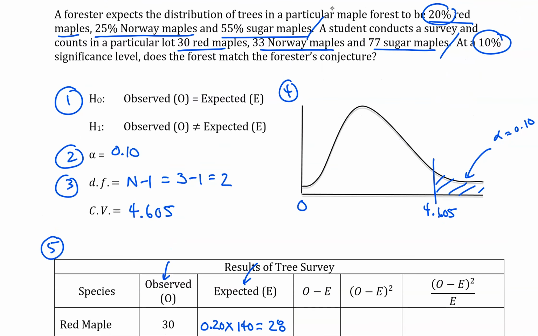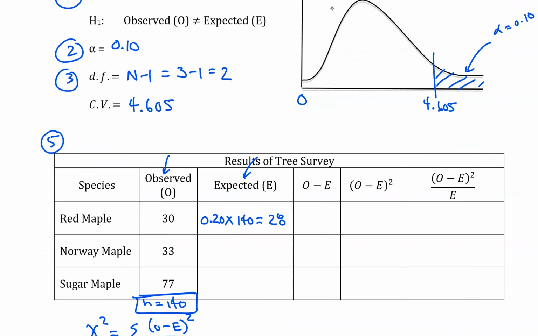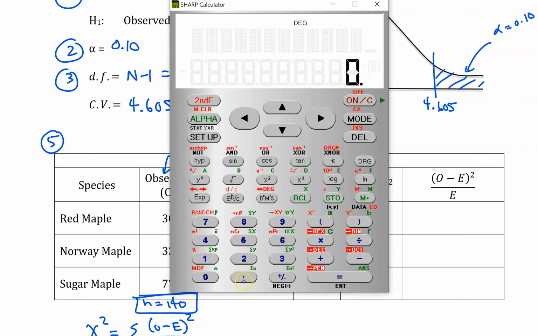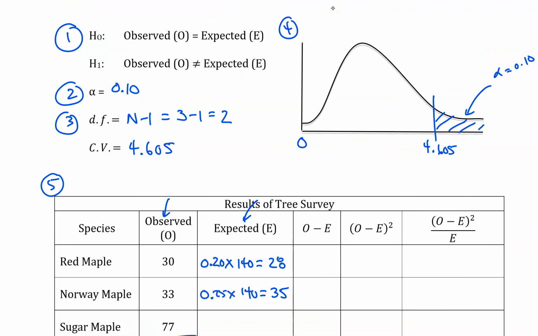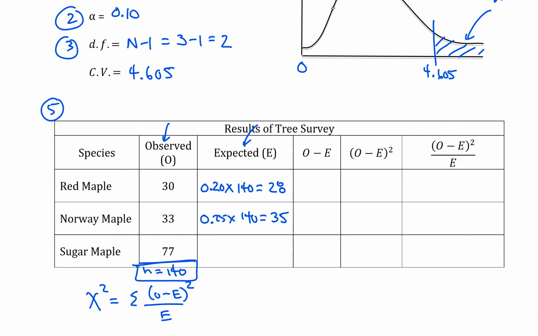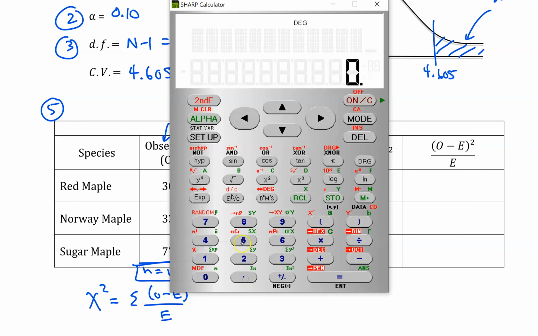And then for Norway maple, we expected 25%, so 0.25 of our total 140, which is 35. And finally, for the sugar maples, we expected 55%. 0.55 times 140 equals 77.